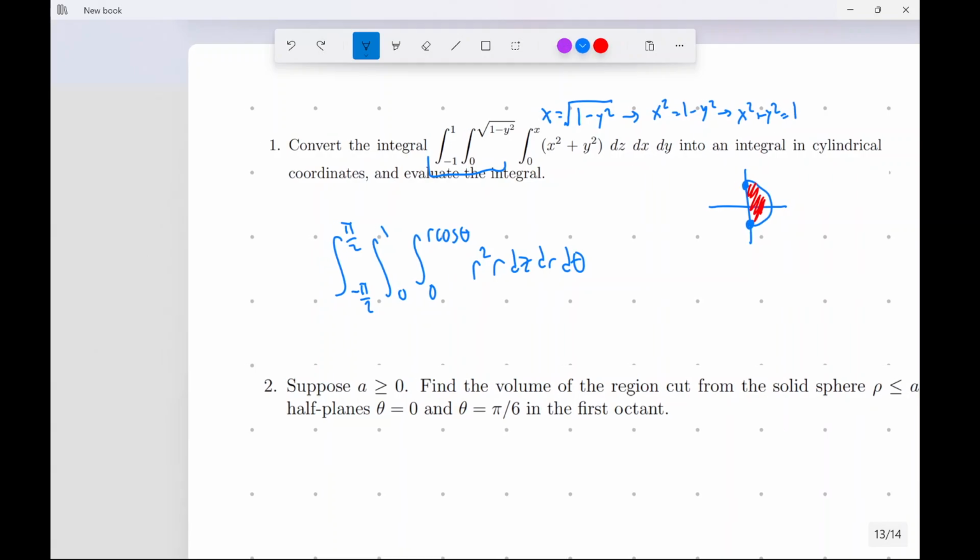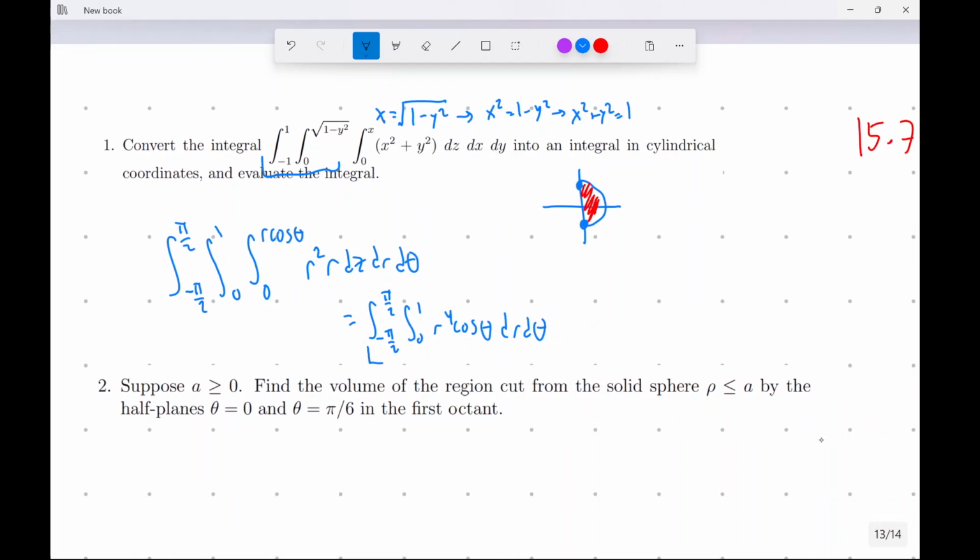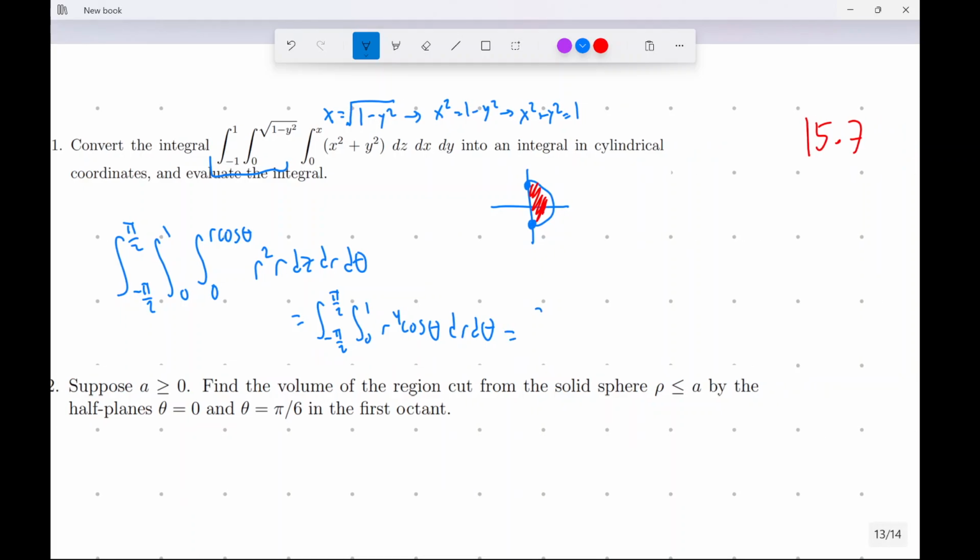Okay, and so now we just evaluate this integral to get the volume. We should do the innermost integral first. Integral -pi/2 to pi/2, integral from 0 to 1, integral of, this is all a constant with respect to z, so this just becomes r to the 4th times cosine theta. And now that these are constant bounds, we can separate this into 2 separate integrals.